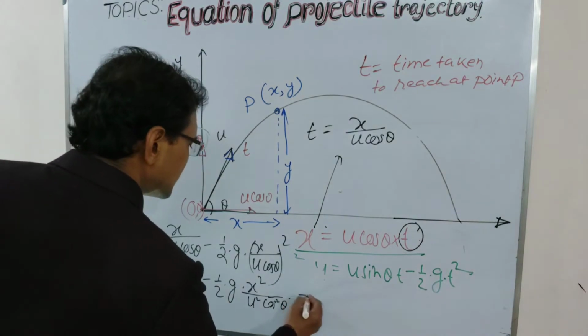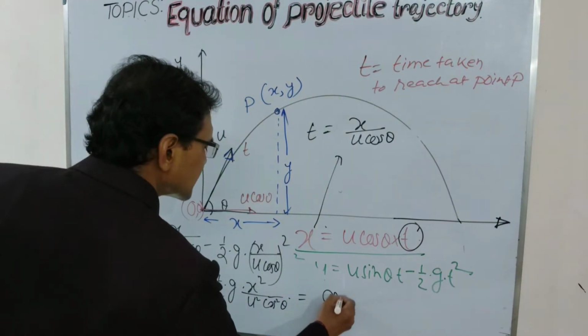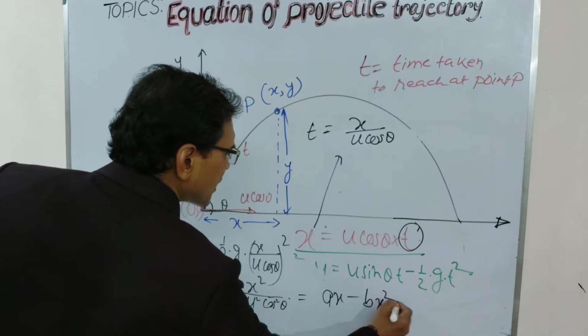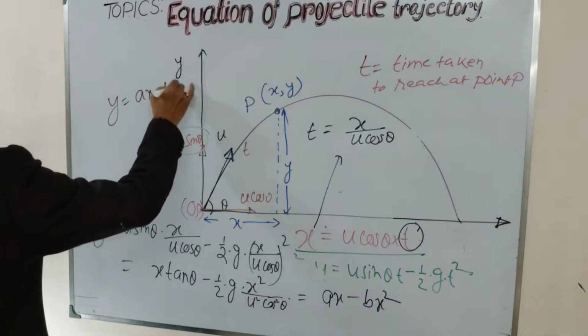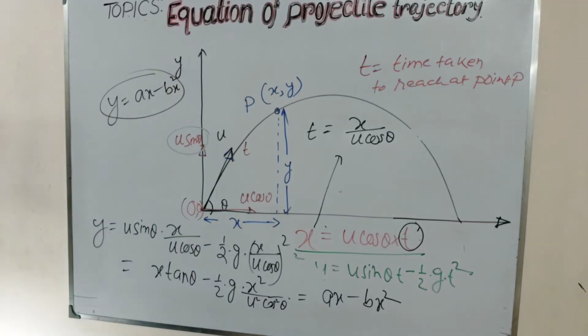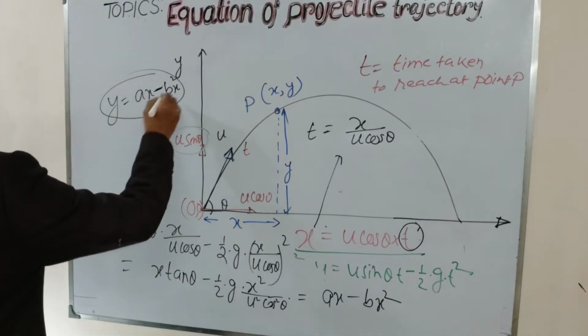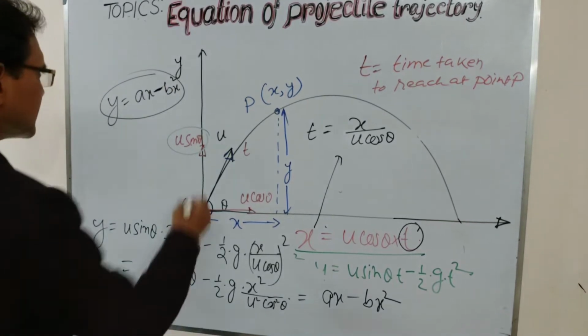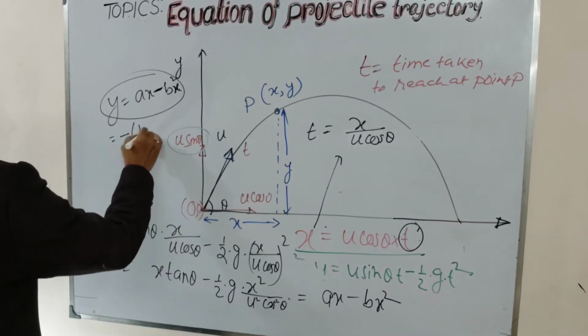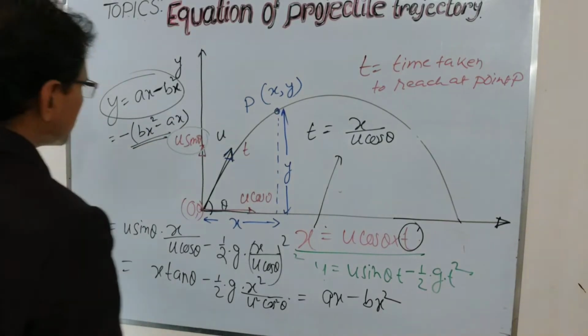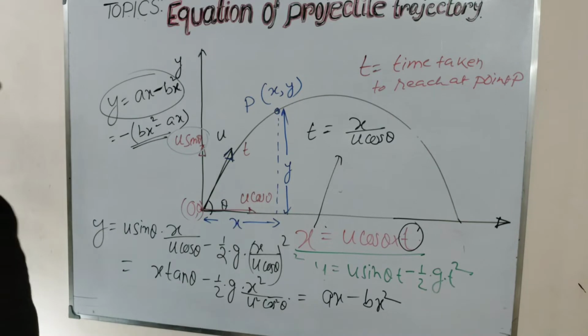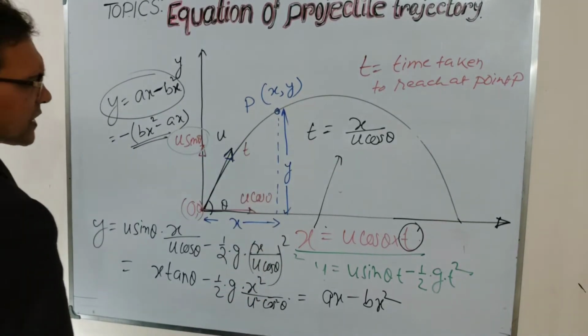So this is in the form of ax minus bx square. So y equals ax minus bx square. This is the equation of a parabola whose opening is vertically downward, because the negative sign is here, taking minus common.